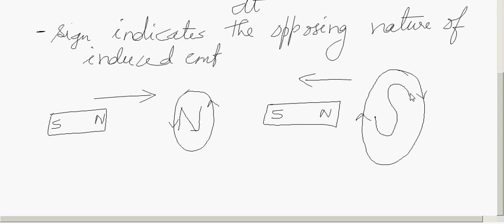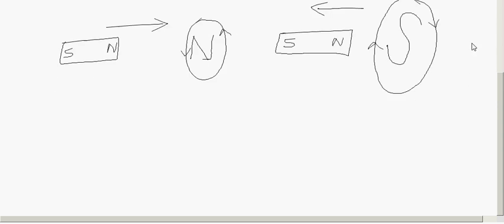The south pole produced in the coil attracts the bar magnet, and hence it opposes the motion of the magnet away from the coil. This is how, using Lenz's law, we can find out the direction of the induced EMF. We can do some more problems based on this to find out the direction of the induced EMF or the induced current.